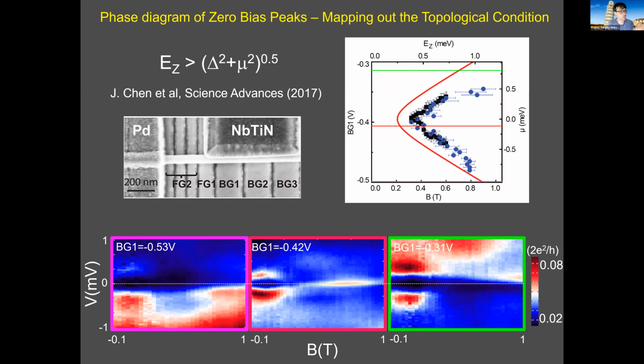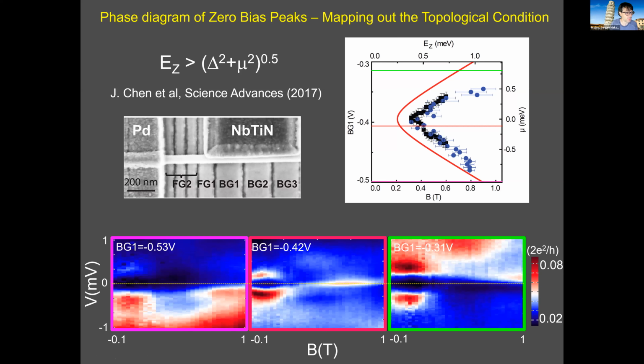On the right, we have niobium nitride, which is a superconductor. And on the left, we have palladium, which is a normal metal. And underneath, we have these electrostatic contacts that are gates. So FG gates set up the tunnel barrier between normal and superconducting, and BG gates tune the chemical potential.